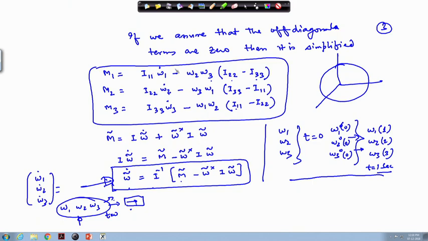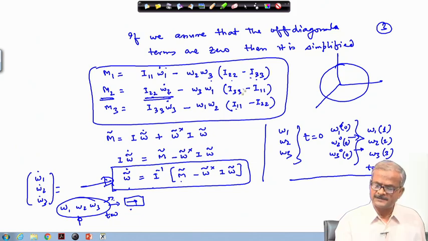This motion we call decoupled, meaning any torque along direction 2, that is a moment along the second direction, will affect only the angular velocity along the second direction. It will not affect the angular velocity along the first or third direction, provided these quantities are equal.